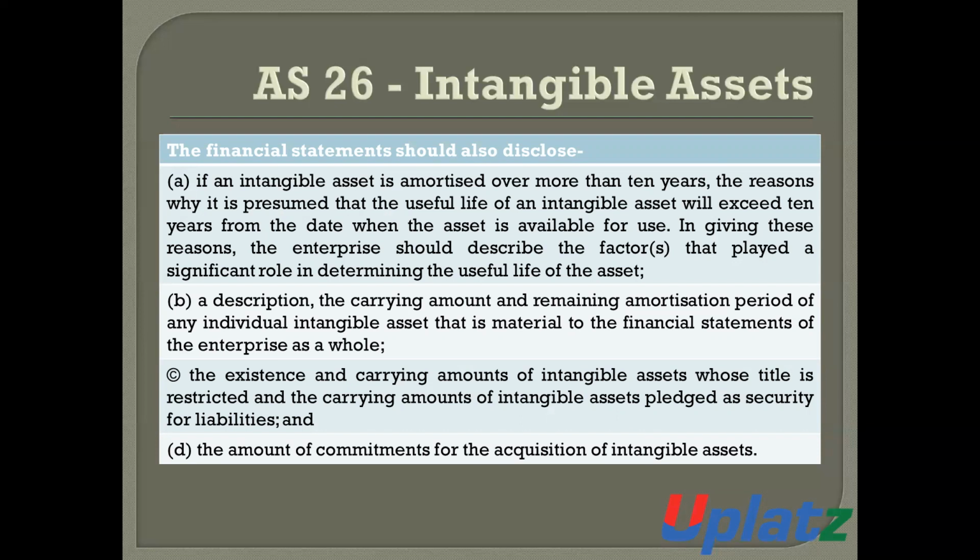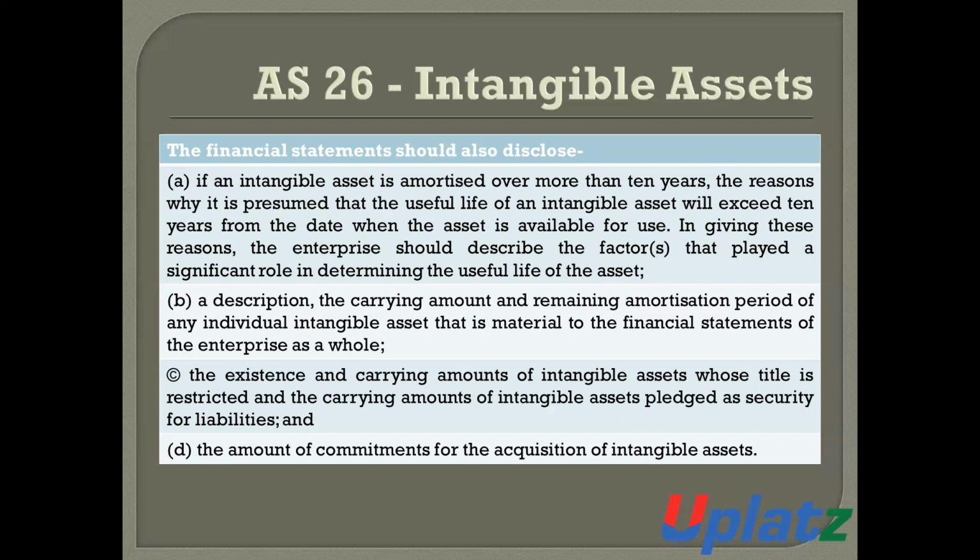In giving these reasons, the enterprises should describe the factors that play a significant role in determining the useful life of assets. Number 2 is a description of the carrying amount and the remaining amortization period of intangible assets that is material to the financial statement of the enterprises as a whole.